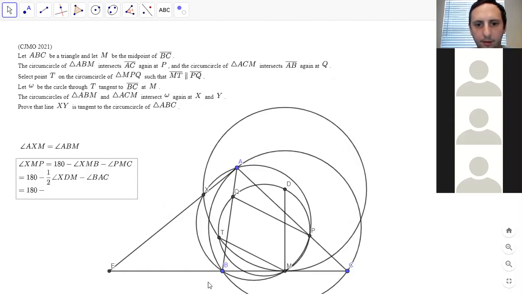It's 2XAB. But we don't know XA's tangent yet. Ah, okay. So XMB, really we could have just written XAB here.